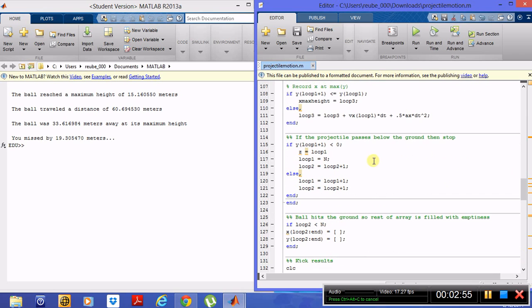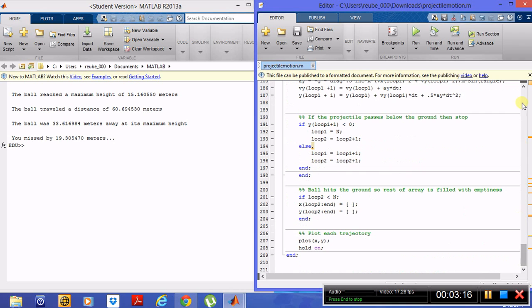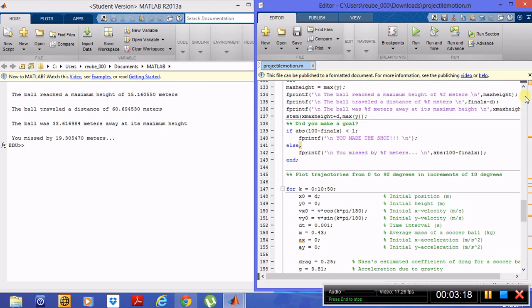I've got loops that track whether the ball is still above the ground or not, so that it shuts down when y gets back to 0, and then displays all my information here. The end here repeats one of the loops from above with all those other blue trace angles calculated separately. So that's the script.